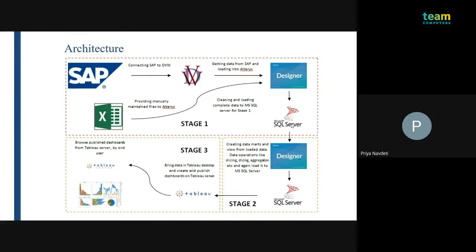Then from the SQL server, in the Alteryx input tool, we are just fetching the required fields which we require, like 10 out of 20. It will improve our workflow's performance, and definitely it will lessen the load of the workflow. And then we'll push to the SQL.